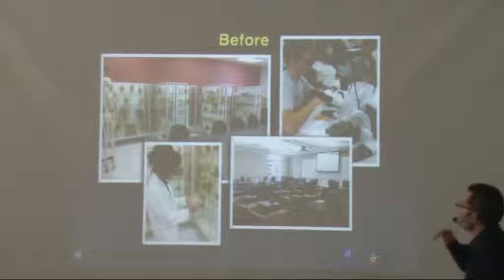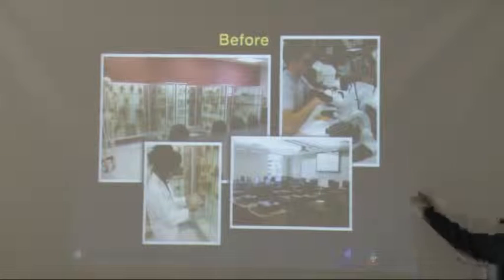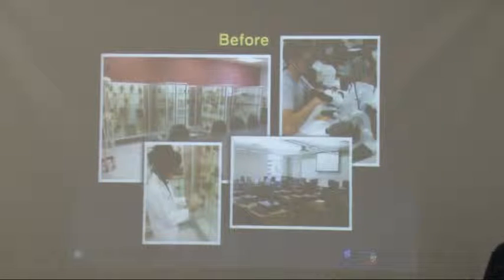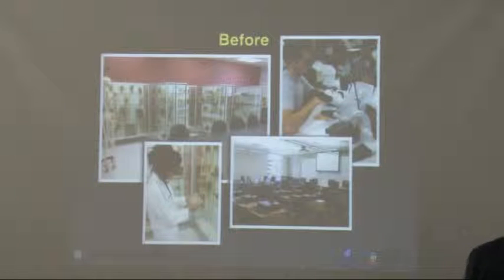Similarly, when it comes to histology, yes, we have a microscope room, similar to this. Actually, this room is much nicer than the one we have. It's much bigger. We also use virtual microscopy programs.